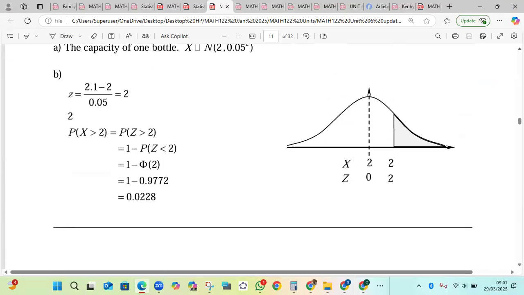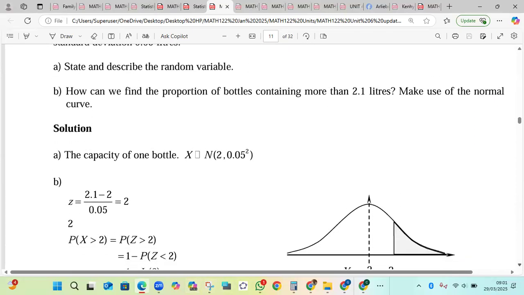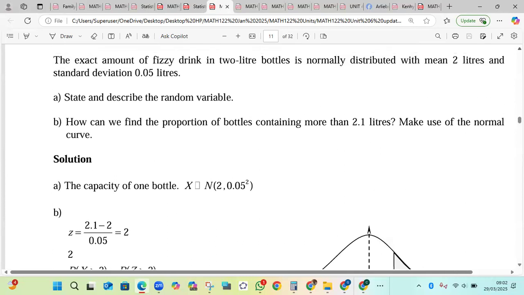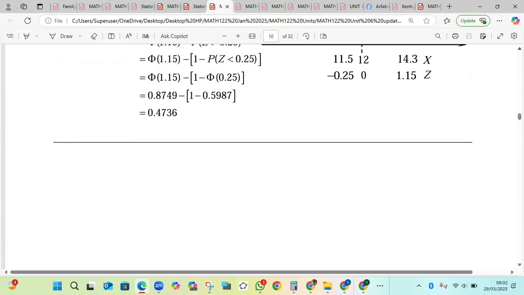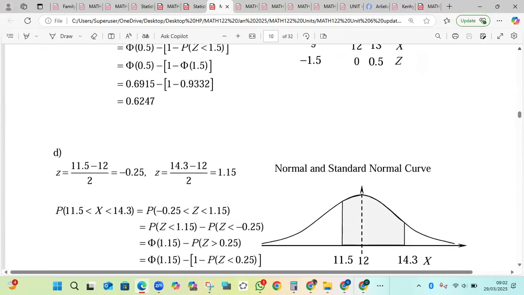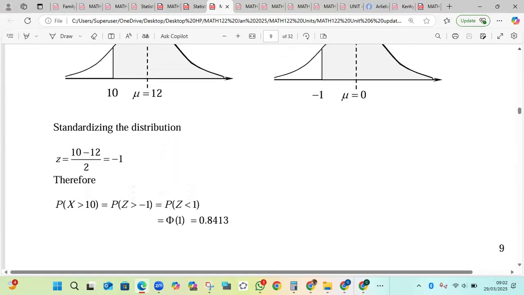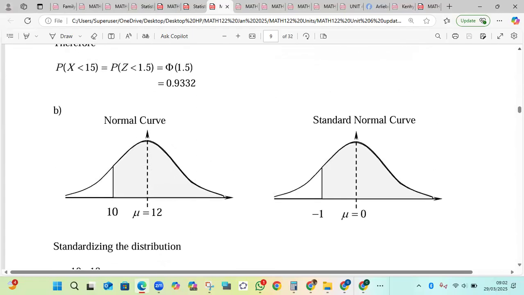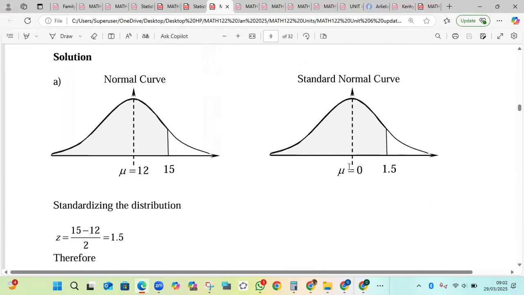This one is a tail because it's shading in the direction of more than, but you are going to shade in the direction of less than 23.4. It looks like a situation similar to this.